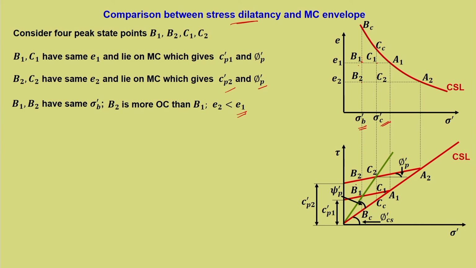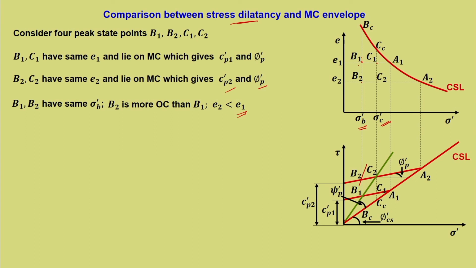Now, B2 being more OC than B1 means that if we draw a line through B2, you can see that the dilation angle is more for B2, which is a good indication that it is more overconsolidated. If it is more overconsolidated, it is bound to exhibit more dilation towards the lower stress region. So the dilation caused in B2 will definitely be more than B1, and hence the dilation angle is more. If you draw this line through the origin, you can see that psi dash P for B2 is more than psi dash P at B1, and obviously E2 is less than E1.